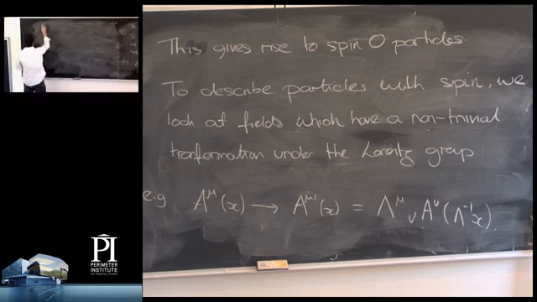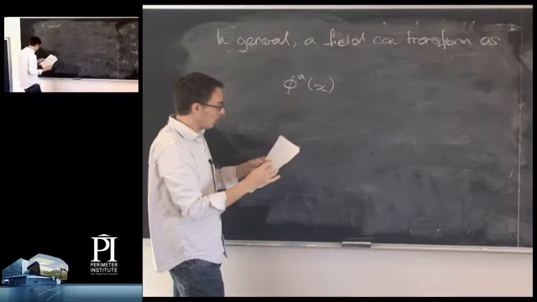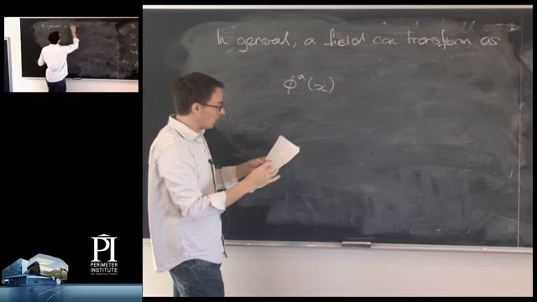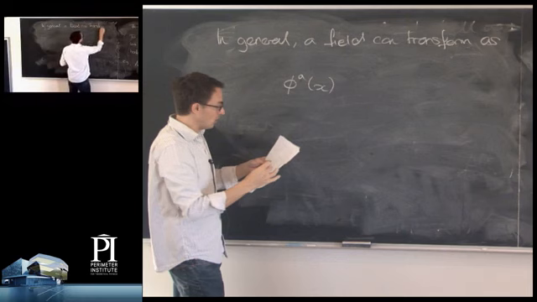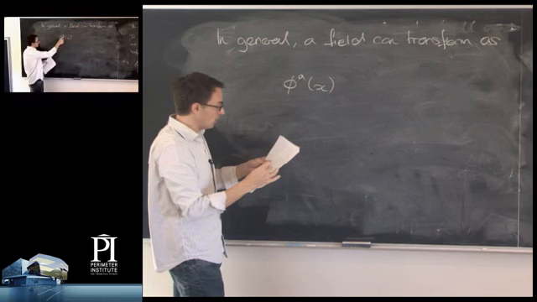Okay, so in general, a field can transform in the following way. So you have a whole collection of fields, and they're labeled by some index A that runs from 1 to some unknown number.